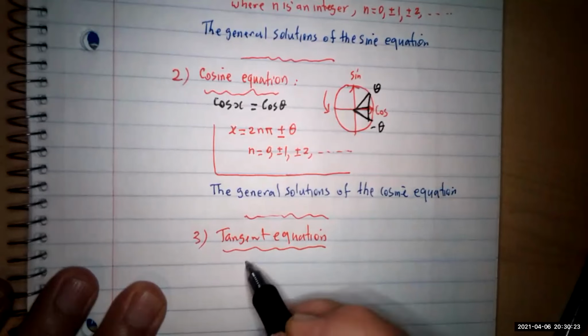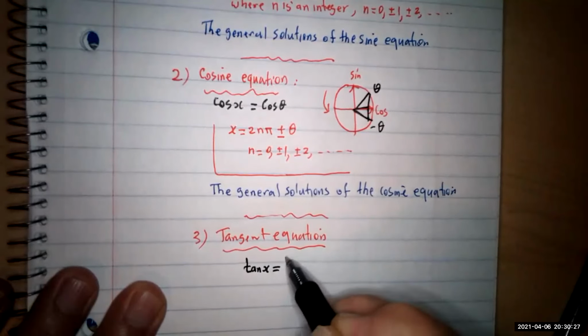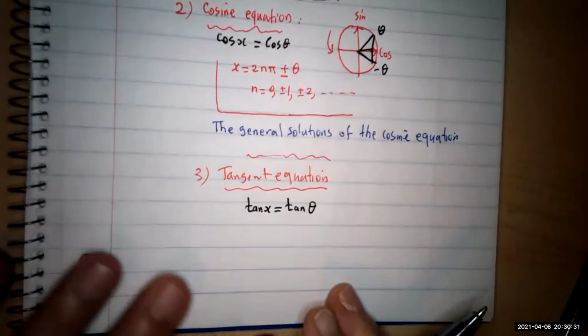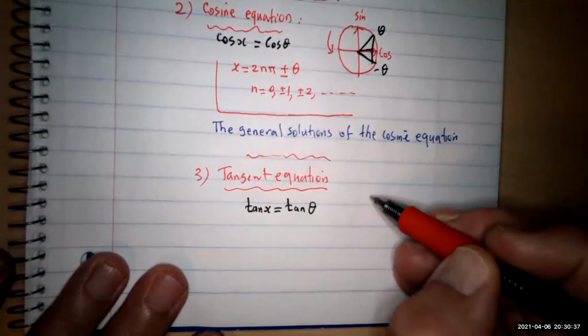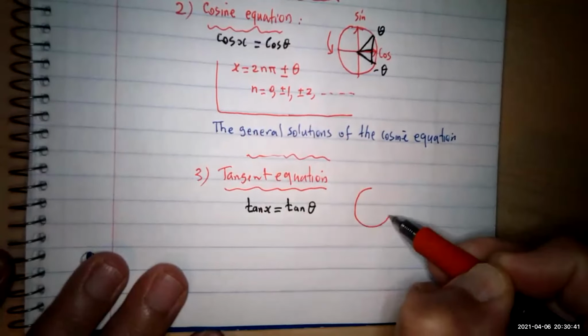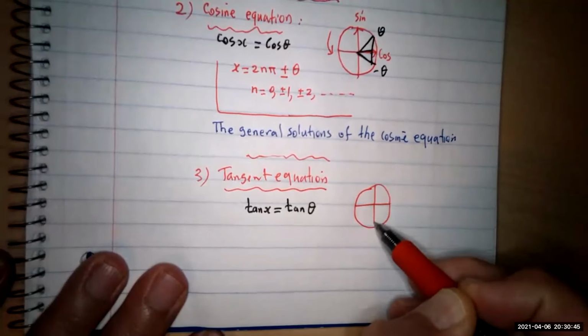If we get to the situation that the tangent of x happens to be equal to the tangent of theta, we want to find the solution. One of the solutions is x equal to theta, as usual. Let's see if you get more solutions.